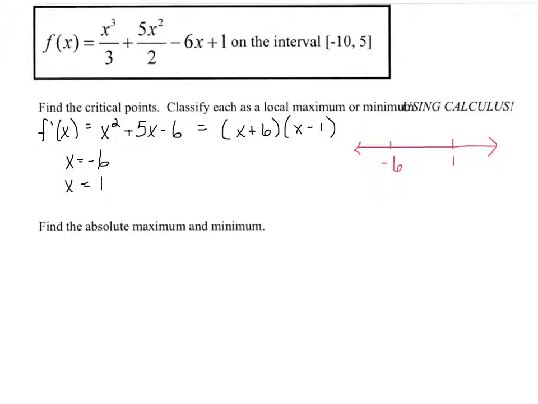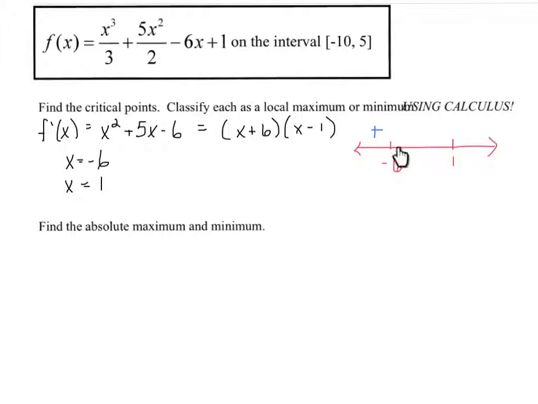And I'm going to do a little sign analysis of my derivative like you did in pre-calc. So first thing, I'm going to pick a number less than negative 6. So, negative 10. Well, negative 10 plus 6 is negative. Negative 10 minus 1 is negative. A negative multiplied by a negative is positive. So the derivative in that section of my sign analysis is positive.